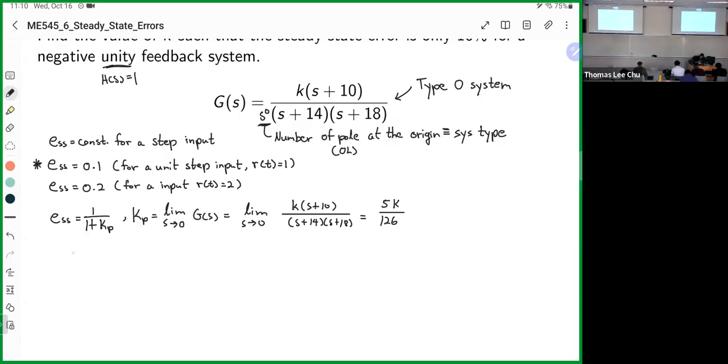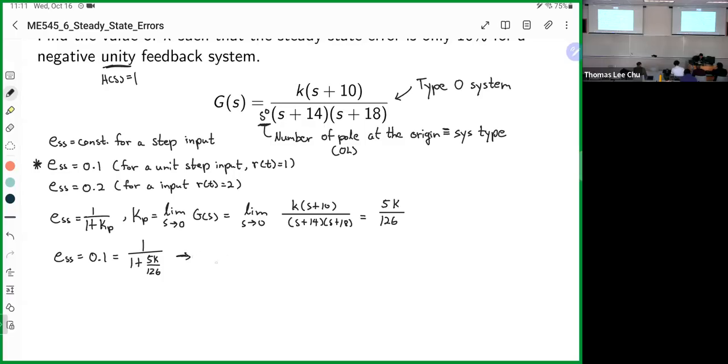Then we just get E_ss equal to 0.1, which is equal to 1 over 1 plus 5k over 126.